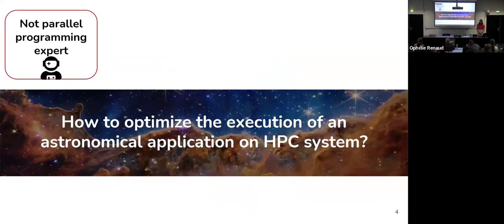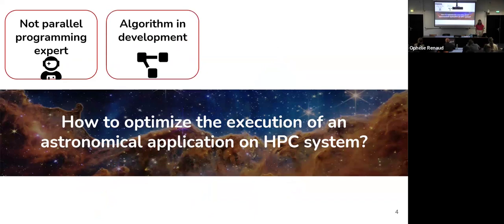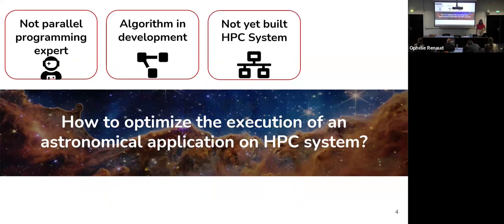So astronomers are experts in their field, but less so in parallel programming. They are actively developing their increasingly complex algorithms in order to convert the antenna voltages into images of the sky. And these algorithms have to be deployed on HPC systems, some not yet built.